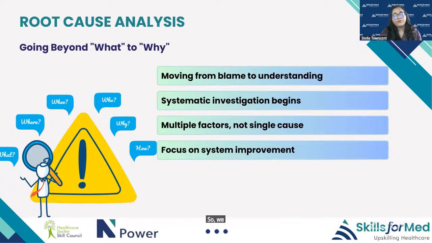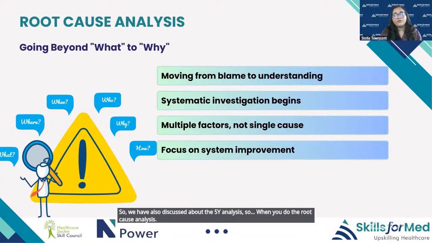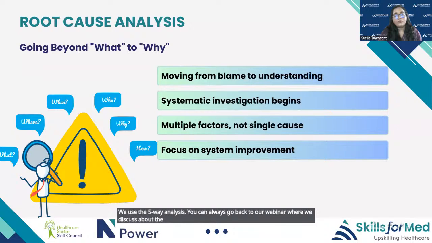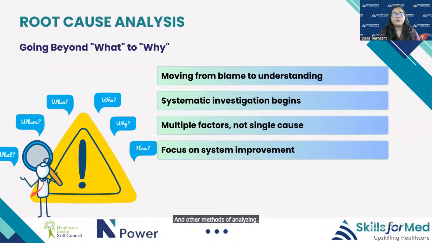We have also discussed the 5 why analysis. When you do root cause analysis, we use the 5 why analysis. You can always go back to our webinar where we discussed root cause analysis, 5 why and other methods of analyzing incidents. But here we're not going to go into detail. It is a very systematic way of investigating incidents, and we move from blaming somebody to understanding why this problem happened and how we can prevent it in the future.